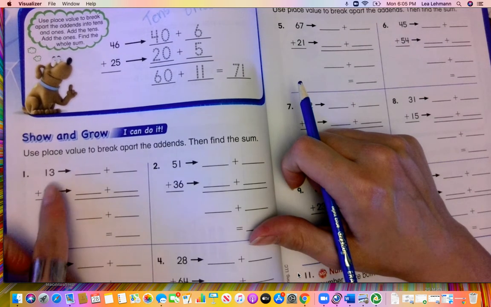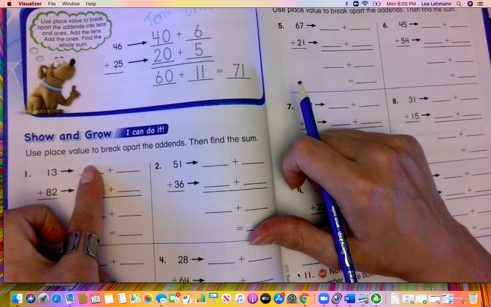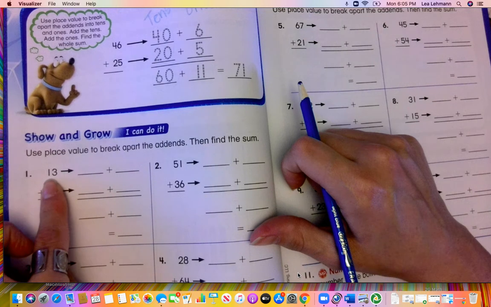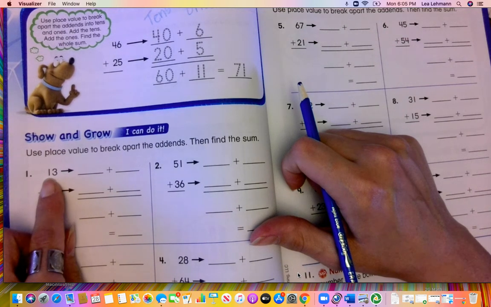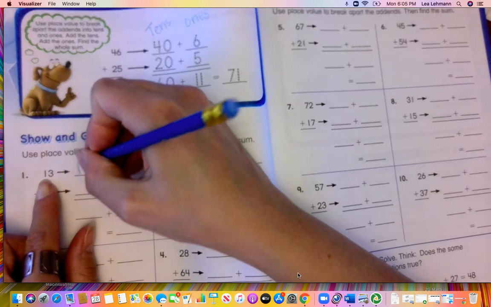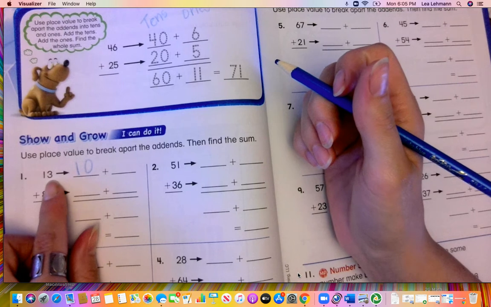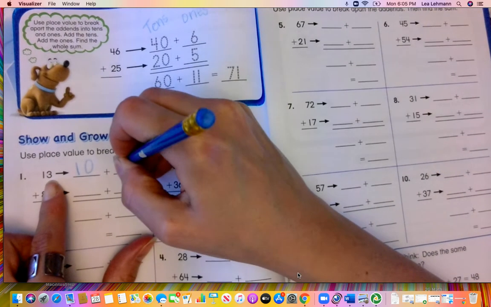All right, so 13 plus 82. First, what's our tens? And then what's our ones? For 13, our tens place is a 1, but does it stand for 1 or 10? It stands for 10. The 3 in the ones place stands for 3.